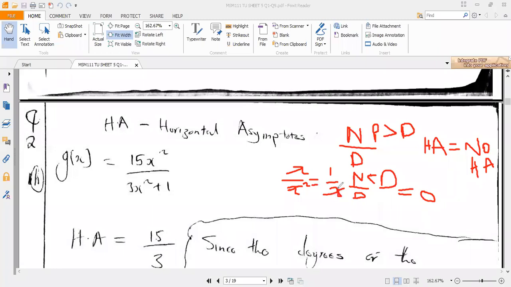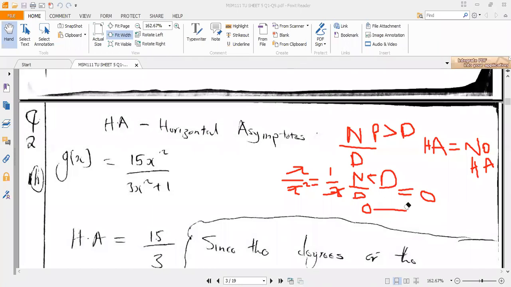So you notice that as x approaches infinity, it approaches 0, because if you take 1000 divided by 1, you have something like 0 point something all the way. That's why when the degree of the numerator is less than the one on the denominator, your horizontal asymptote is always going to be 0.